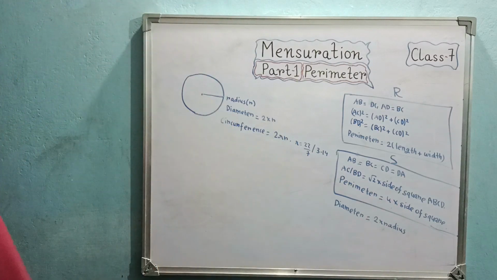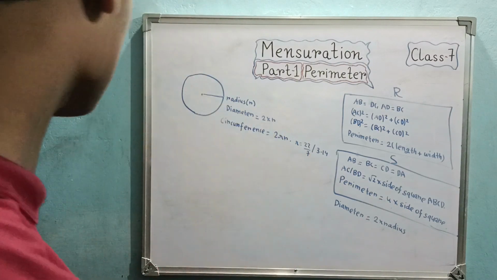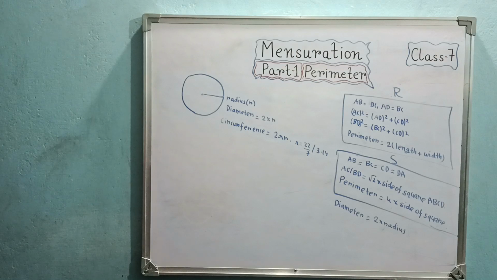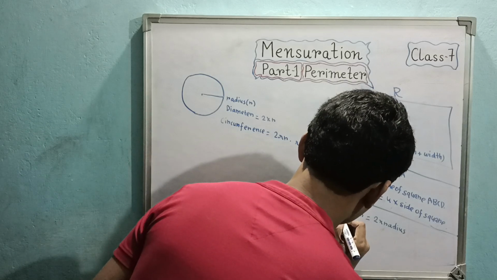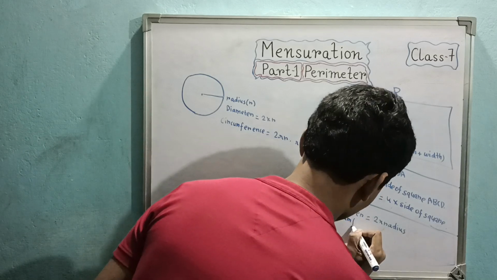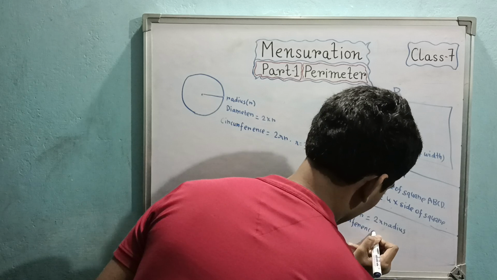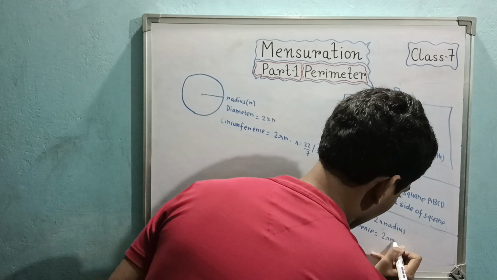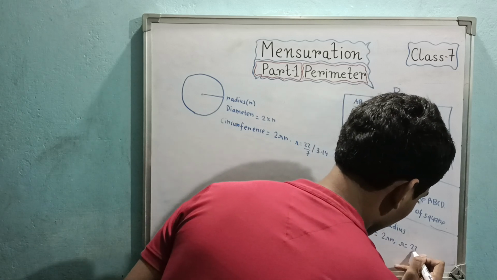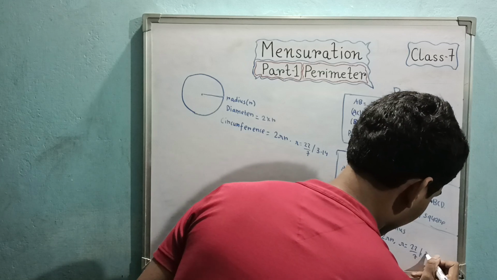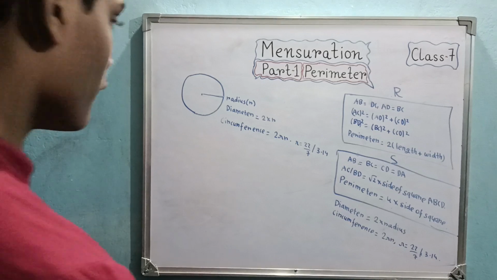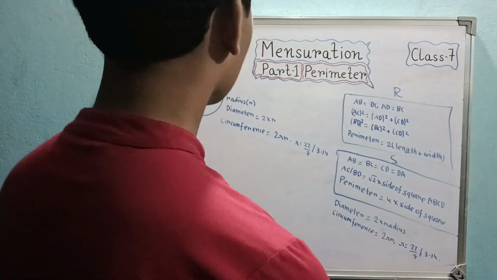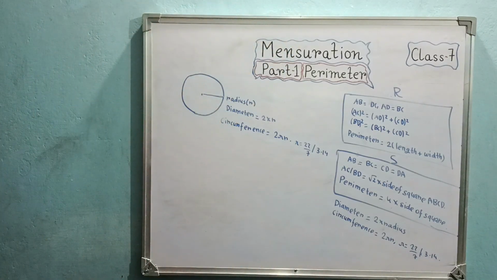So whenever you are given the radius, you can find out the circumference of a circle directly using the value of pi, and 2 is nothing else. So I am writing here circumference equal to 2 pi r, pi equal to 22 by 7 or 3.14. So these are the values that we have to consider while finding out the perimeter or circumference of a circle.